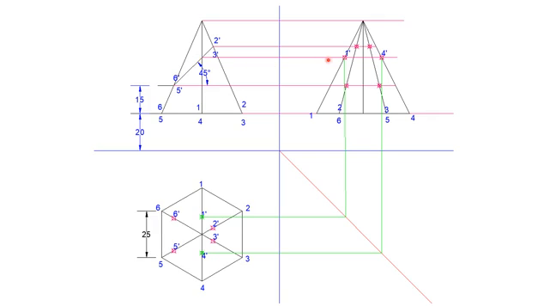So if you bring it across here, you shall have 1 prime there, because this is line 1, and then 4 prime there because this is line 4. So we have already located point 1 prime and 4 prime. Then we can project them back to the plan to get 4 prime, and we can project 1 back to get 1 prime.